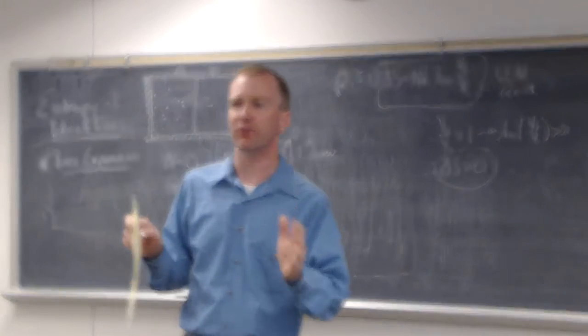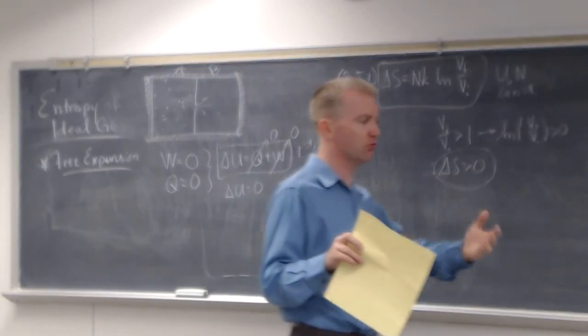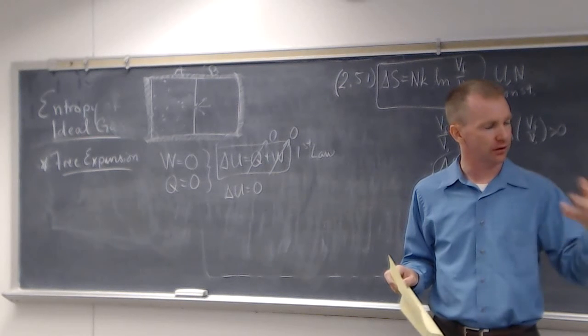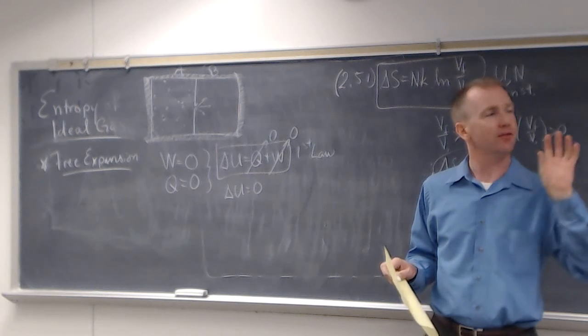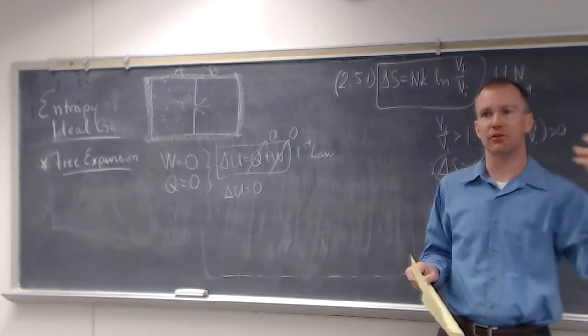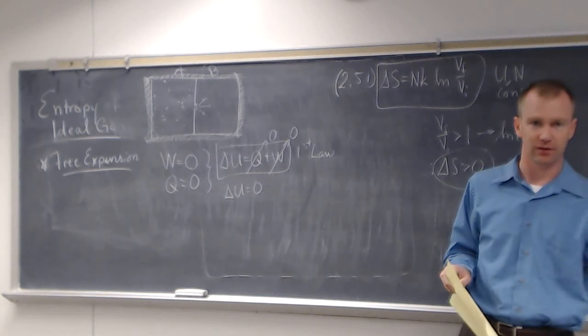Whereas with a quasi-static isothermal expansion, like a slow expansion of a gas in the cylinder as heat flows in, the entropy increased from the flow of heat into the system. That heat brought entropy along with it.